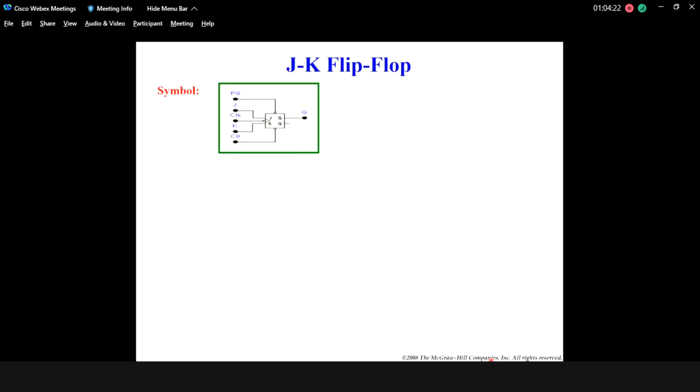Finally, we have the JK flip-flop. It's a bit different from the D flip-flop. It has 3 inputs, J, K, and clock. For D, it only has D and clock. However, for the JK flip-flop here, you will note that at the clock input, there is one circle.